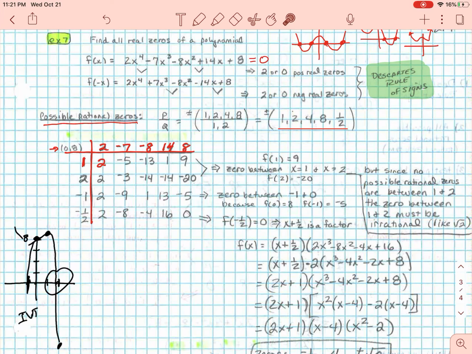Yippee-yi-yay! We just found our 0. So we know now that if f of -1/2 is 0, then x plus 1/2 has to be a factor.